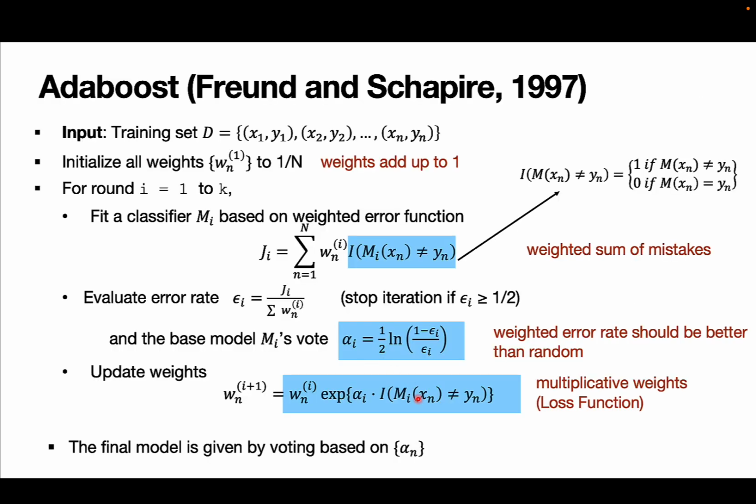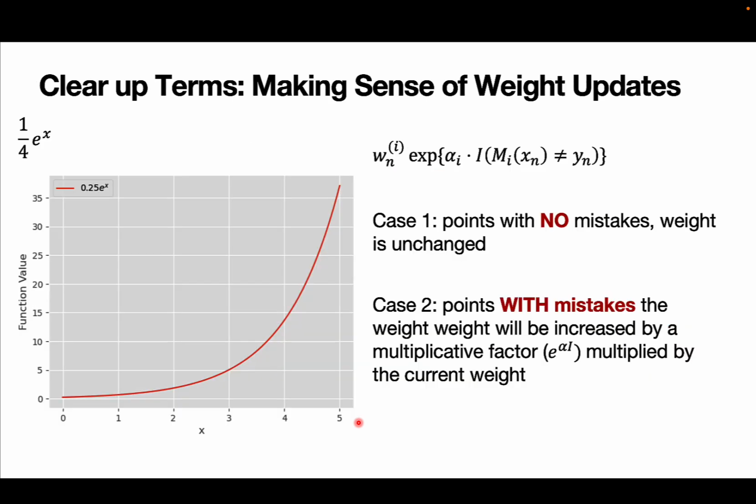Next, we need a mechanism to update the weights. We use what is called multiplicative weights. The goal is to amplify the errors, and to do that, we multiply the weights by the exponent of alpha sub i and the indicator function. And here we show you how this term looks.